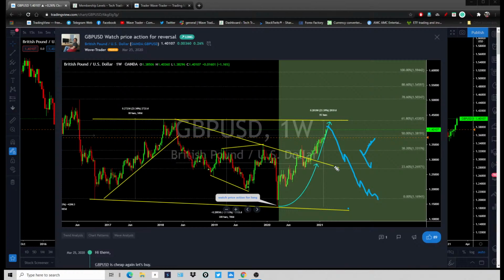If the Fed follows the market and starts reacting, moving to a higher yield, then we may see big reversals everywhere, not just on the pound. We're going to see a big drop specifically on the commodities, which are extremely high right now.